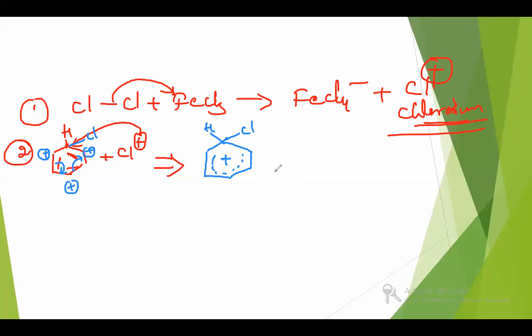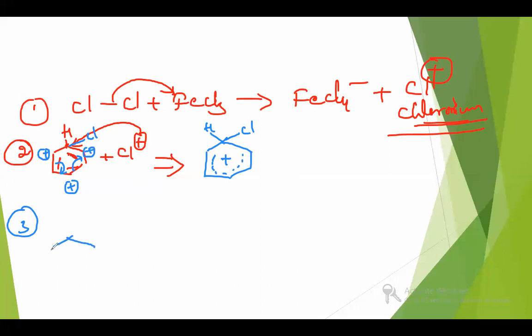So carbon and carbon cation. In the formed arenium ion, in the third step the removal of proton should take place. Removal of the proton in halogenation.